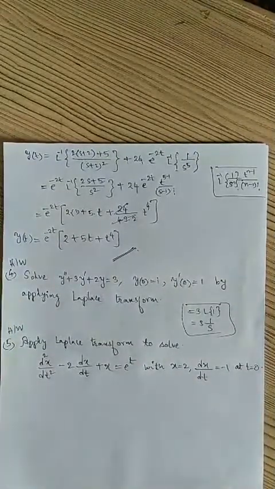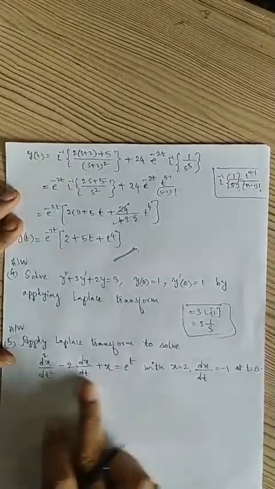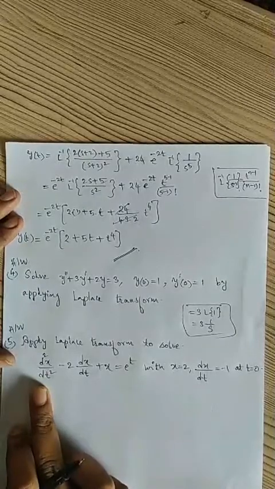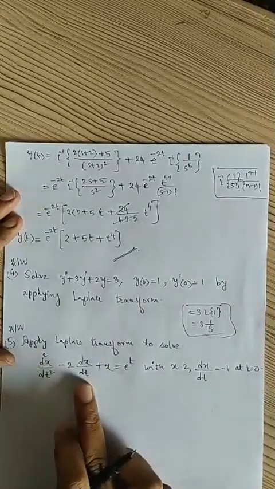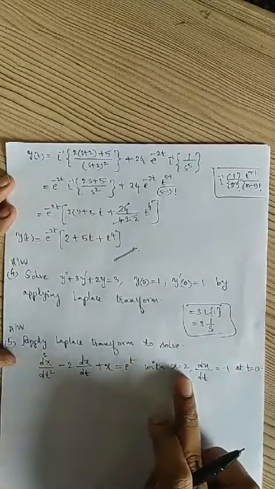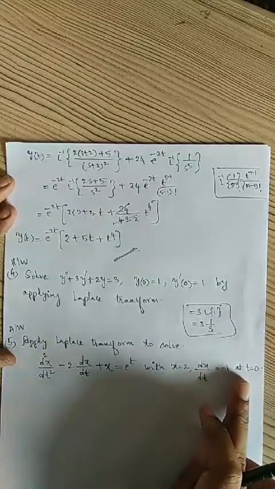Right, this is the given question. We have to apply Laplace transform to solve this differential equation. This differential equation is d square x by dt square minus 2 into dx by dt plus x equals e power t. Conditions are given to be x equals 2 and dx by dt equals minus 1 at t equals 0.